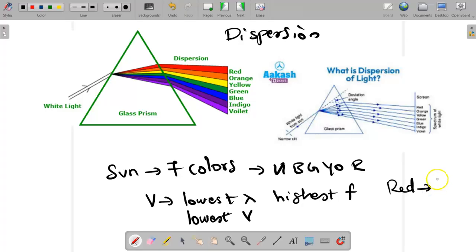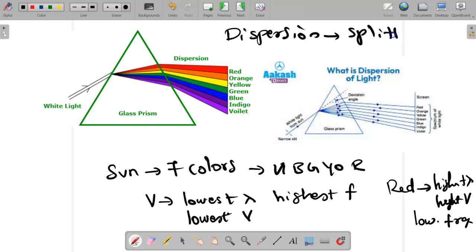Red has highest lambda and highest speed and lowest frequency. So the dispersion means splitting of light into 7 colors.